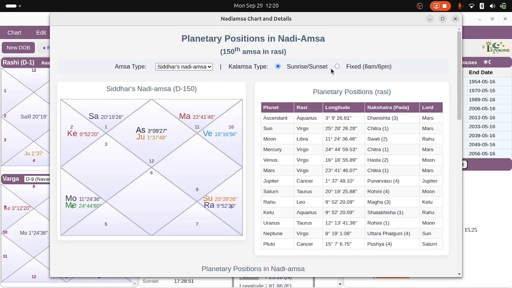I have put this as default, and you can change it here. Usually it won't make much difference unless someone is born on the borderline, around 6 p.m. So fixed is 6 a.m., 6 p.m. This, I believe, is more popular traditionally, but if we have software where we can do this, I have provided this option.